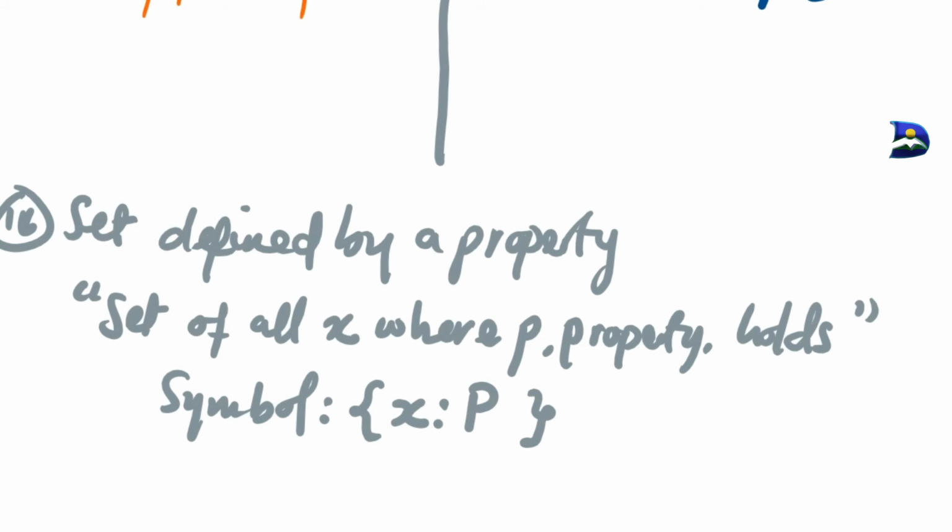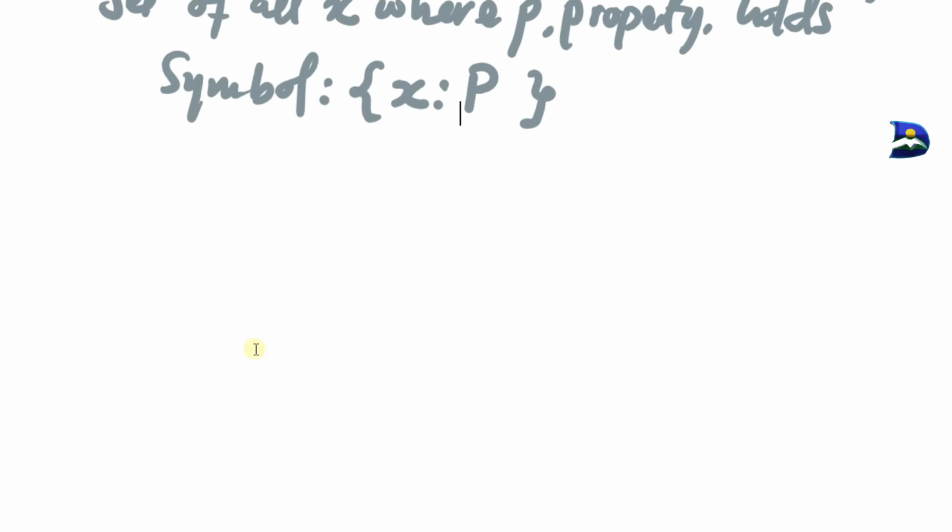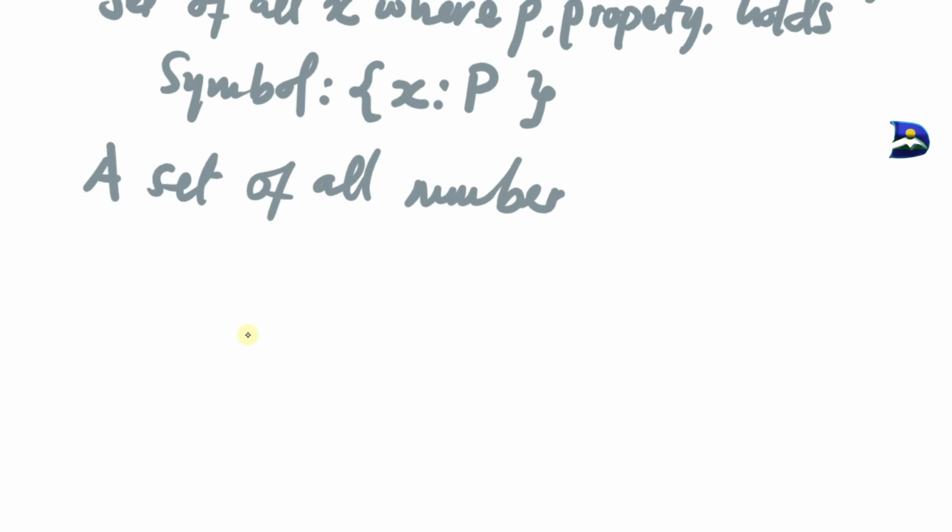Now, in terms of how we can apply this symbol to a specific question, a question might come up in this particular format, which is as follows. A set of all numbers that is greater than 5.